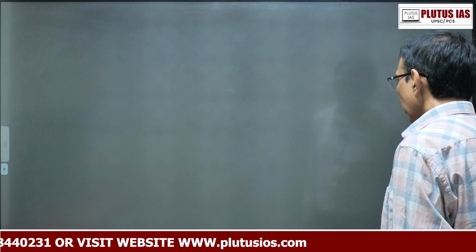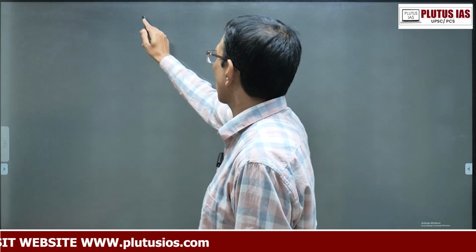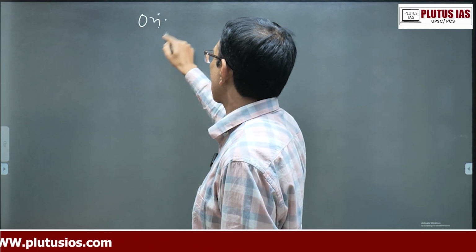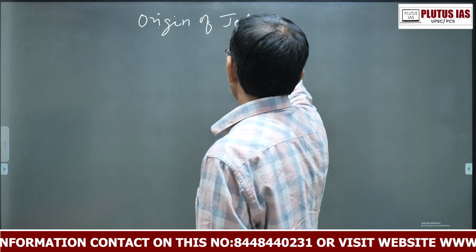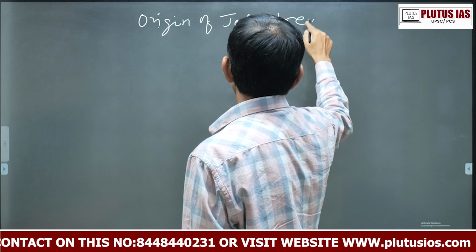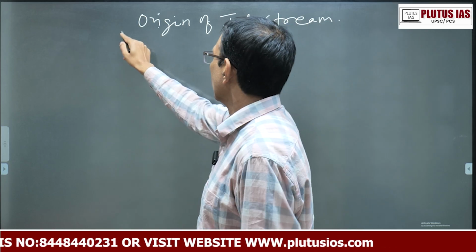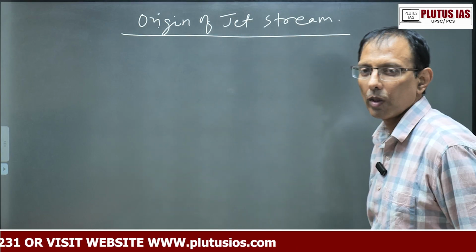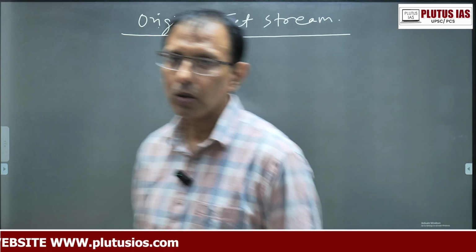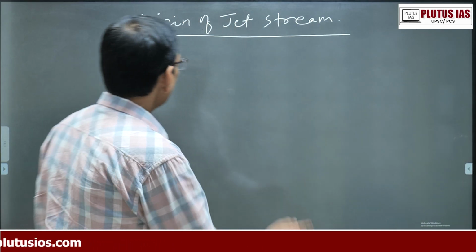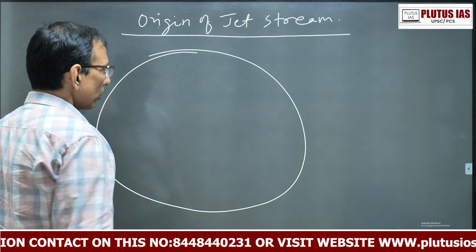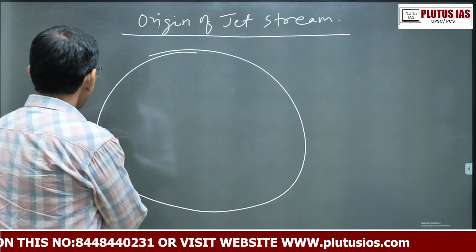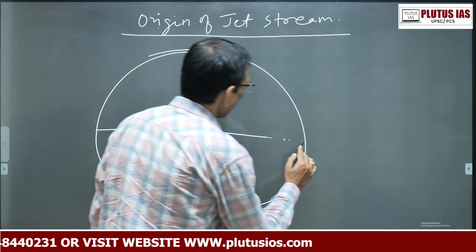Now we will discuss the origin. Origin of the jet stream. How is the jet stream originated, right? So this is our globe, and this is the equator.